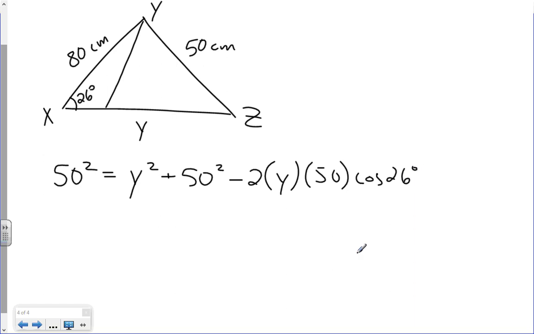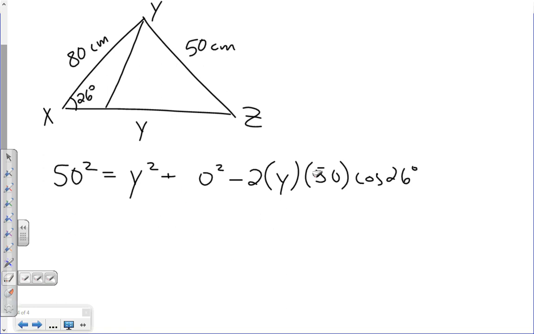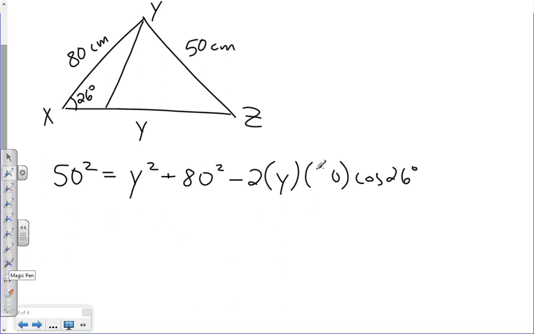If you look at that, you're going to see a y squared term, a y term, and a term that has no y in it. That is a quadratic equation. Let's just rewrite it so it looks like that.